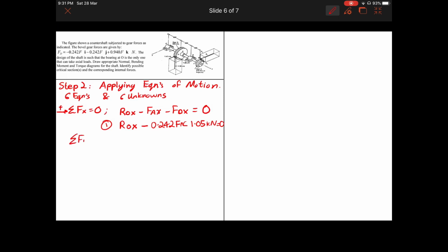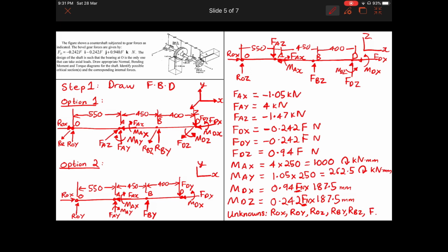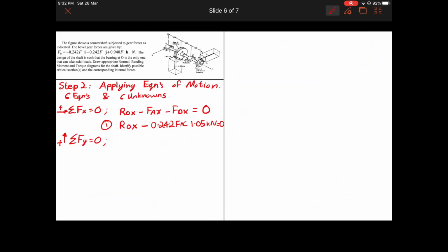Now we'll apply summation of force in y equal to 0, upward as positive, assuming. So let's say we go to this diagram this time. So this is ROY, we have FAY, we have FBY, and we have FDY. So ROY, FAY, FBY are positive and FDY is negative.